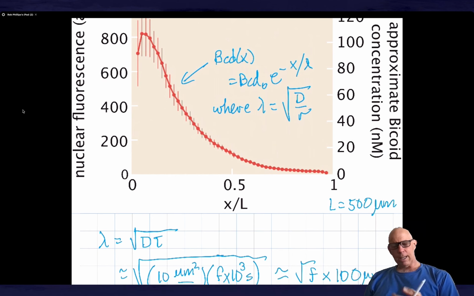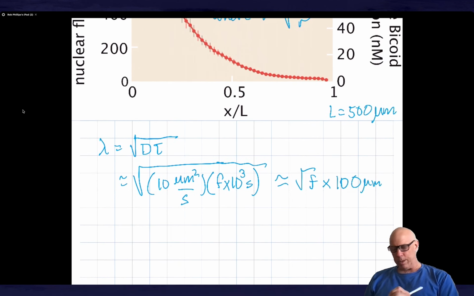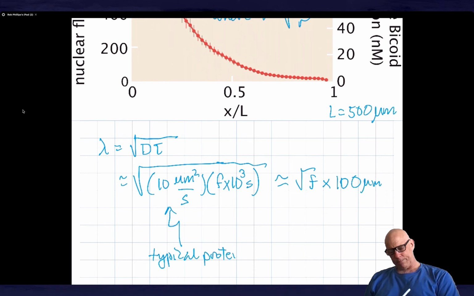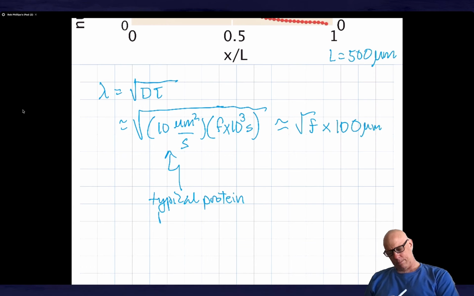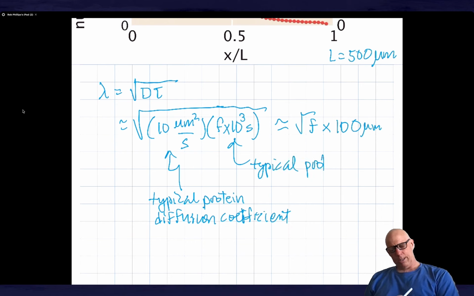And so the decay length that we get just by reasoning out, this is a typical protein diffusion coefficient, and this thing is a typical protein lifetime for the case of interest here, which was actually measured.